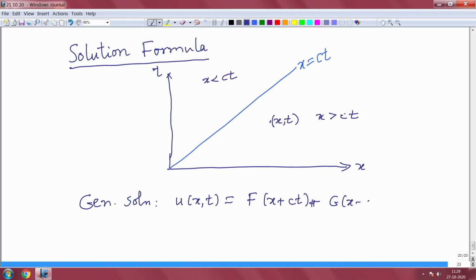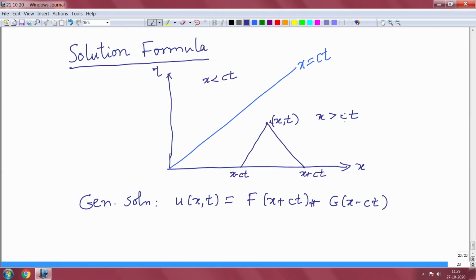So, f and g are two C2 functions. Again, if you look at the domain of dependence property, the value of the solution at this point is determined by the initial values in this interval, that is what is the domain of dependence.